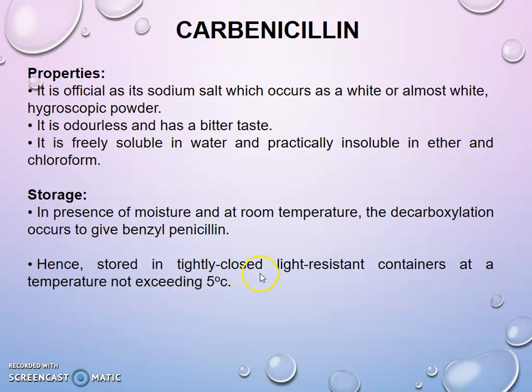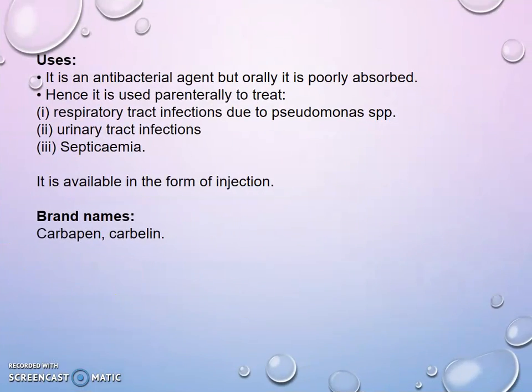Hence, store in a tightly closed light-resistant container at a temperature not exceeding 5 degrees Celsius. Uses: it is an antibacterial agent, but orally it is poorly absorbed. Hence, it is used parenterally to treat respiratory tract infection due to Pseudomonas species, urinary tract infection and septicemia. It is available in the form of injection. Brand names: Carbapen, Carbenin.